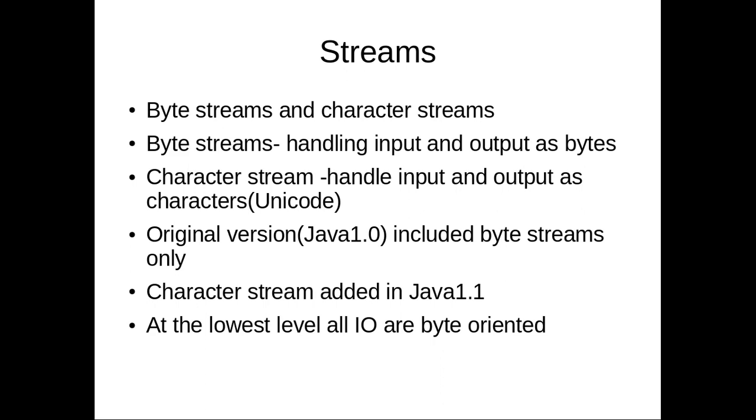That means the original version of Java, Java 1.0, had only byte streams, and character streams were added in Java 1.1. A character is 2 bytes. At the lowest level, all IO is byte oriented. That means at the physical level, data is sent as byte streams.